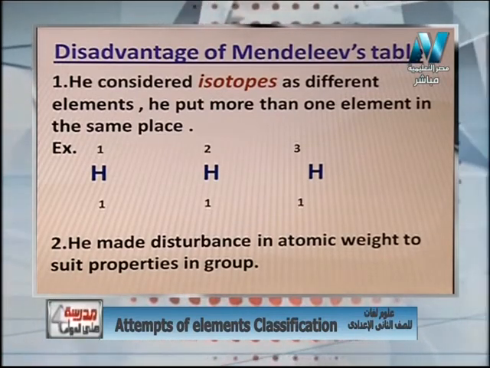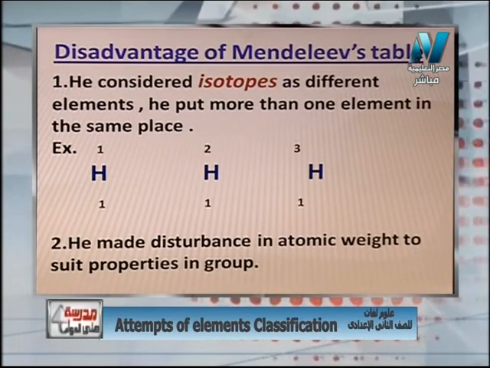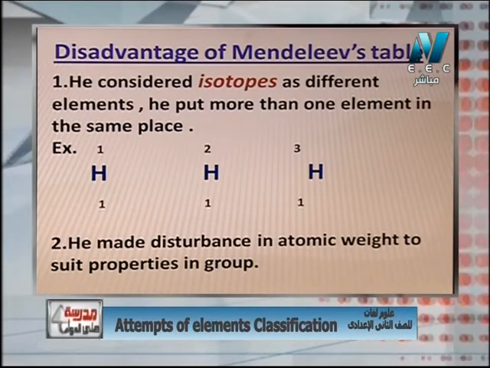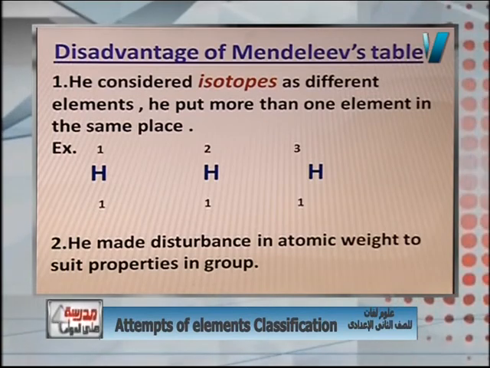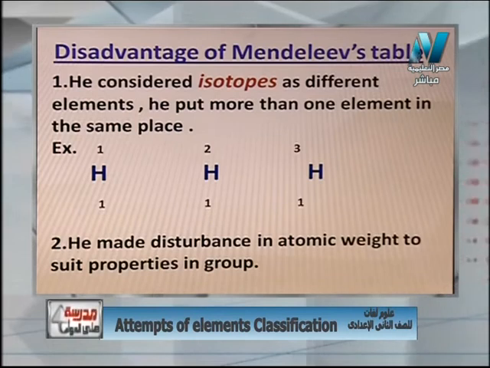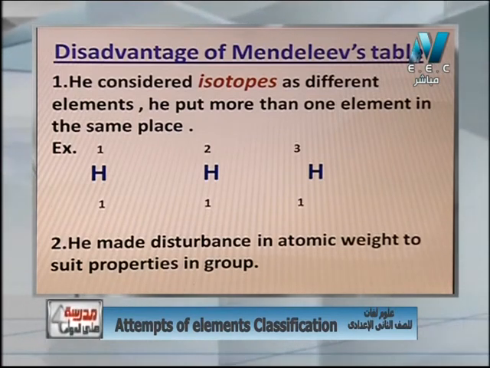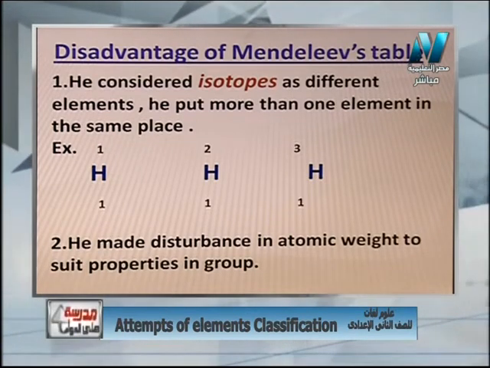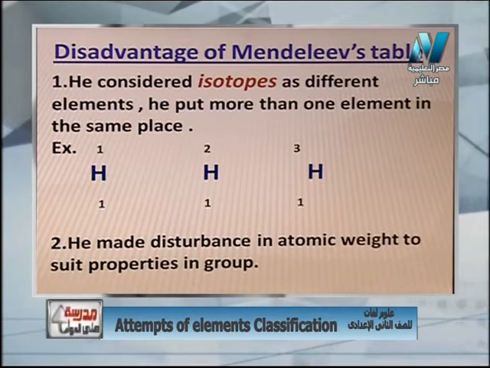He disturbed this arrangement because he found that some elements are similar, so he put them beside each other without consideration of the atomic weight. So the disadvantage of Mendeleev's table is that he made a disturbance in atomic weight to suit the properties.